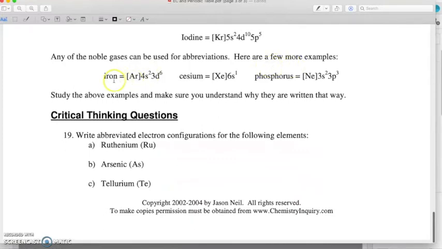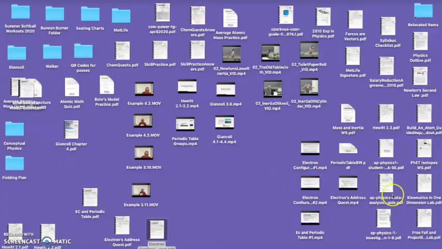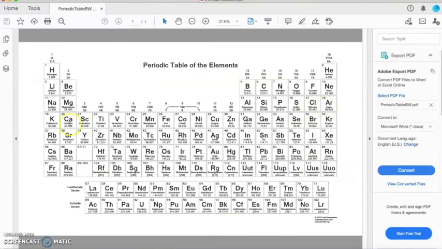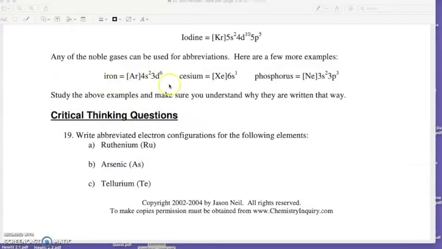There are a few more examples. Iron is argon with 4s2, 3d6, and so forth. And you can look those up as you go. But let's check them out here really fast. Okay, so let's go. Iron is argon, so it's argon, and then I go 4s2, and then 3d, 1, 2, 3, 4, 5, 6, and that's iron.